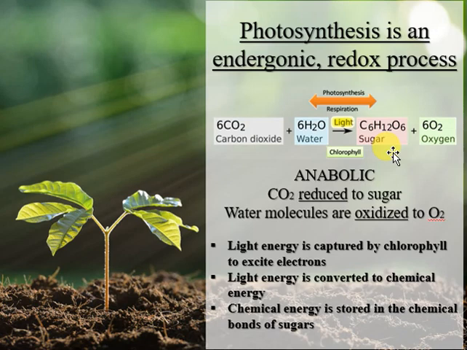Energy is entering the system. The reason for this is that in photosynthesis, you're going from smaller molecules to larger carbohydrate molecules, right? So that is a synthesis reaction or an anabolic process. In order to do that, you need to incorporate energy. Energy needs to be put into the system.